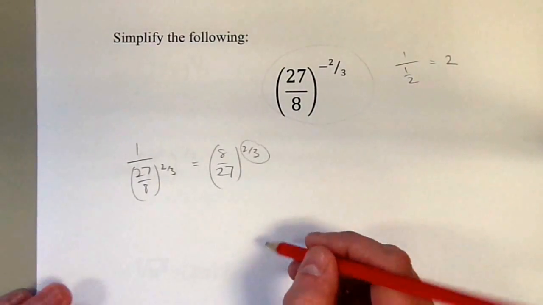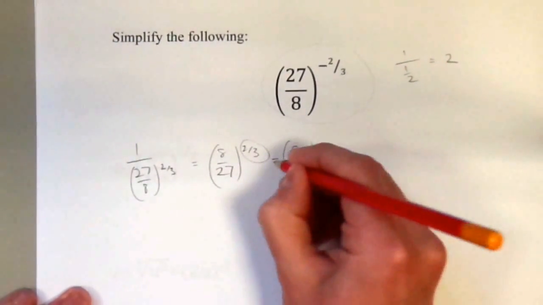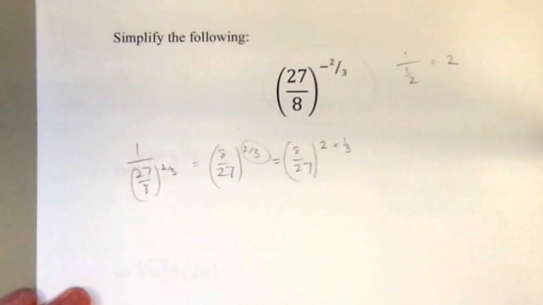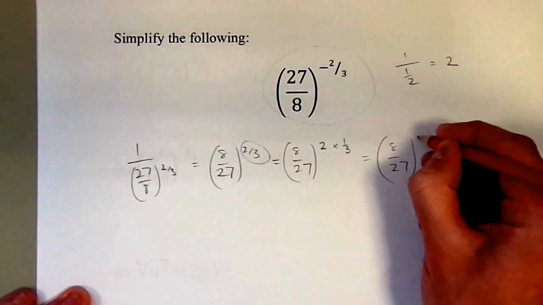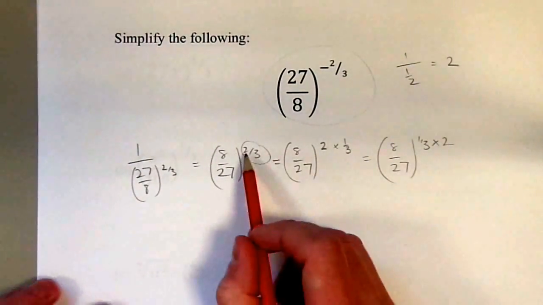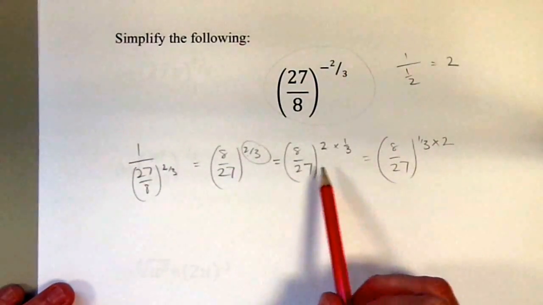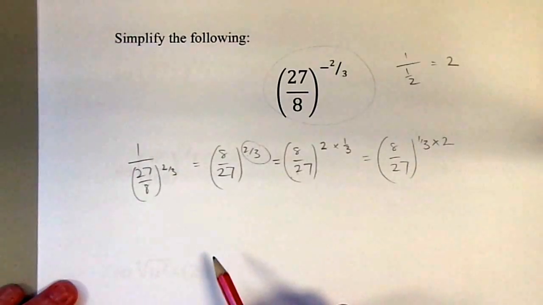Then this is the same as this. It's also the same as that. We can break that fraction up into 2 successive powers, and we do whichever one first, which is going to make the calculation easier to do.